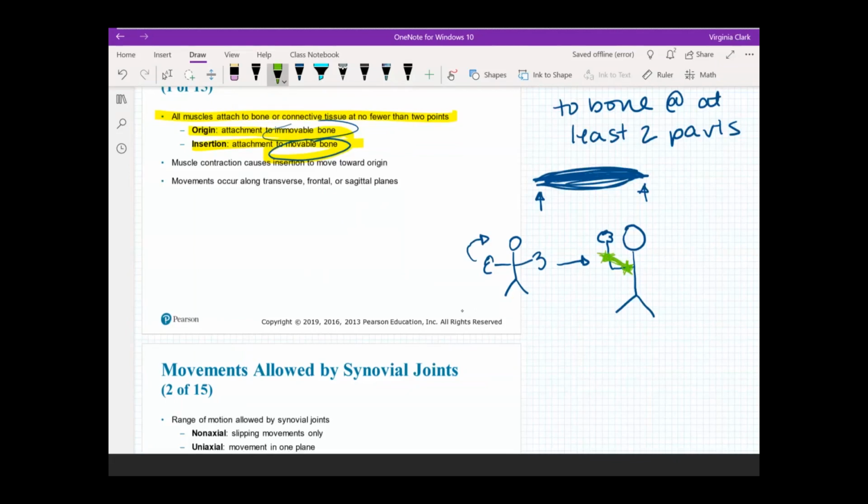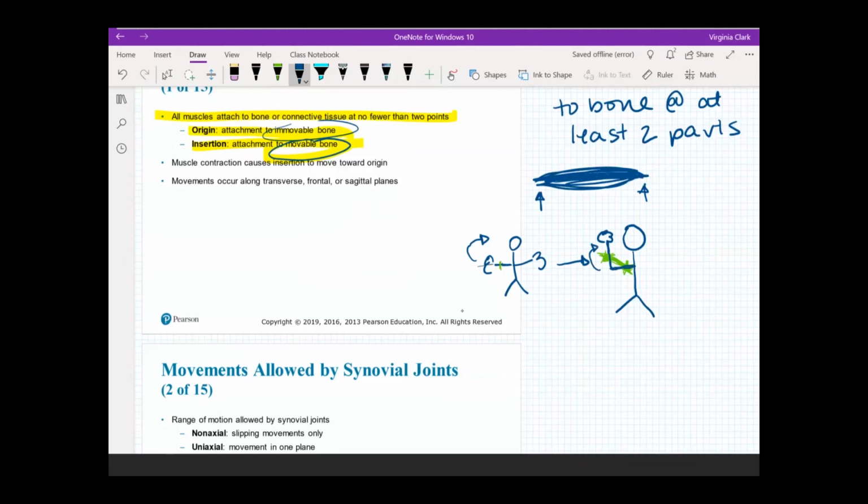Okay. So when you're looking at this bone right here, remember his elbow is right there. So with this skeleton, this bone right here did not move, right? That stayed the same. The part that moved would be his radius and his ulna. So the radius and the ulna went this way. So your humerus did not move, but your radius and your ulna did move. That's what we're talking about with movable and immovable bone.